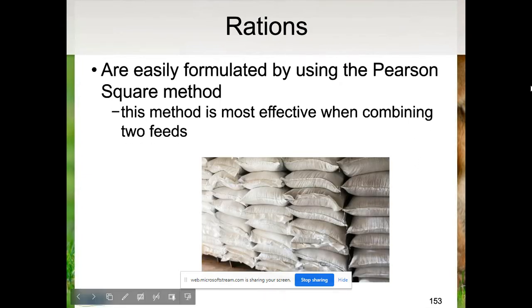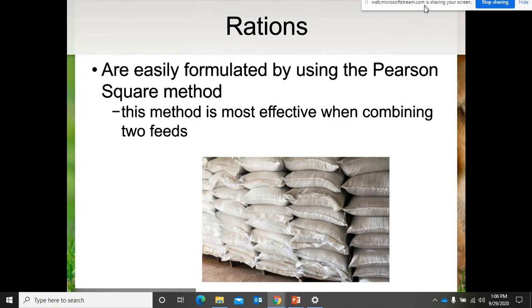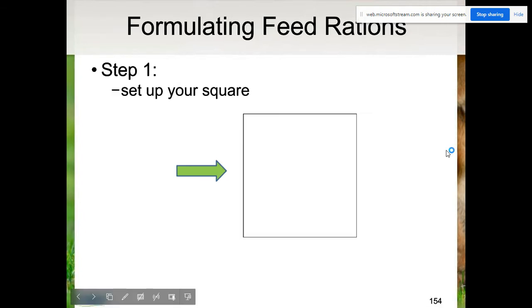Okay, so rations are easily formulated by using the Pearson Square method, and it's most effective when combining just two feeds. So we're not combining like 14 different feeds here. That's just not what we're going to do. We're focused on combining two feeds and making that balance out.